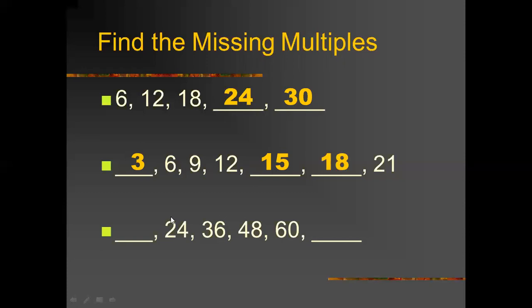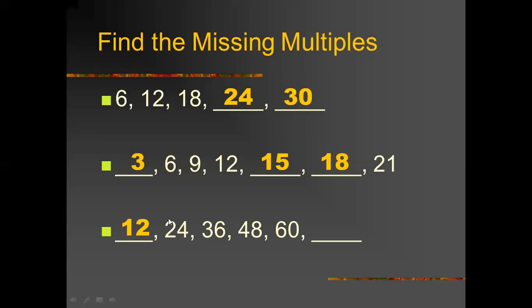Okay, last example, I have 24, 36, 48, and 60. Okay, these are apparently the multiples in table 12. Since it started with a number and I multiplied it by 2 gave me 24, by 3 gave me 36, by 4 gave me 48, so the first number is 12.